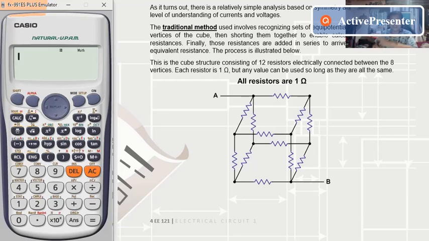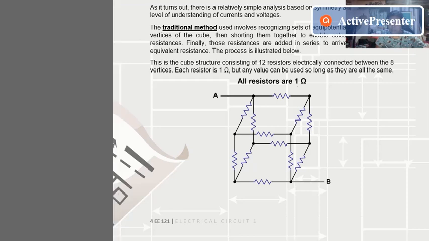So makita na to, we have our cube structure consisting of 12 resistors electrically connected between the 8 vertices. Each resistor is 1 ohm. But any value can be used so long as they are all the same. So pwede ta mo gamit bisag unsa na values as long as same ang ilahang given nga value. So for our example, our value is 1 ohm.